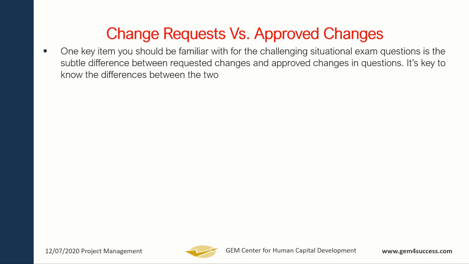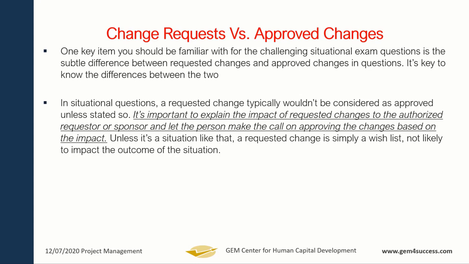So anytime you encounter a change request, you want to look deeply to see, is there any pointer in the question that is talking about the fact that that change request has been forwarded to some people for approval?